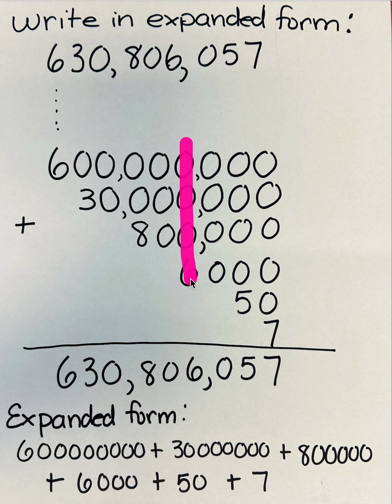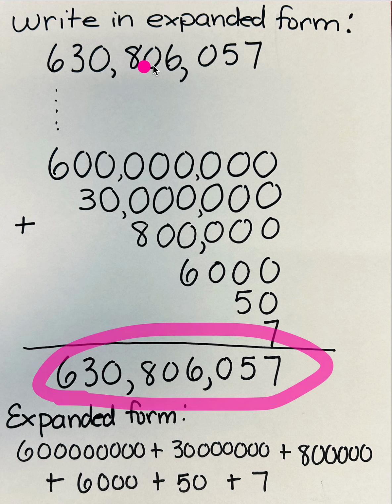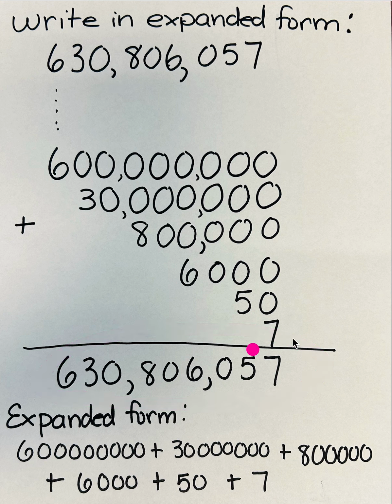When I add all of these up, I get 6. This column gives me 0. This column gives me 8. This column gives me 0, this column gives me 3, and then the last one gives me 6. So we verified that when we write this in expanded form, it's going to all add up to the original number. We're just writing it in a different way.